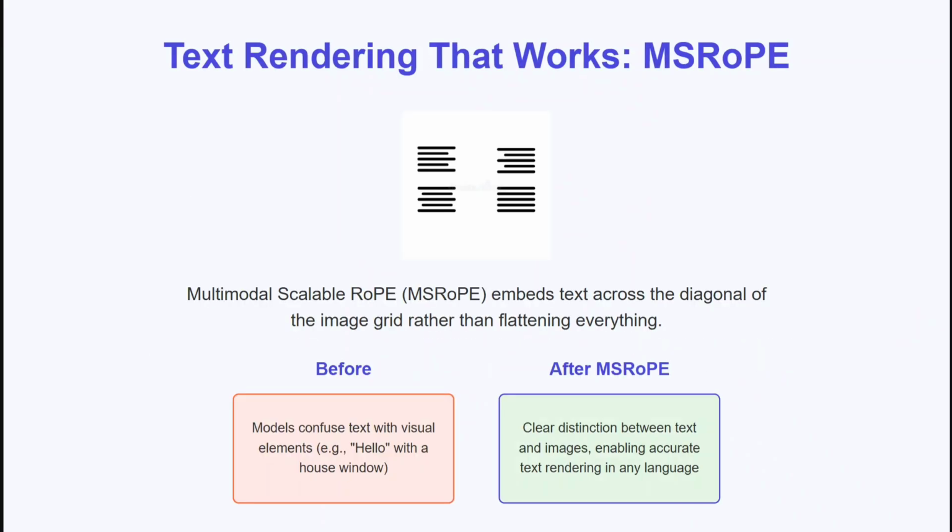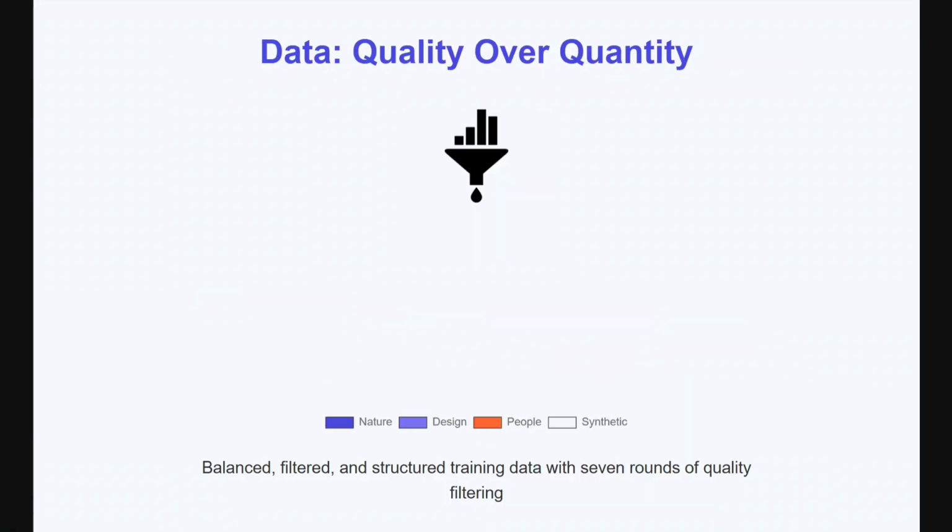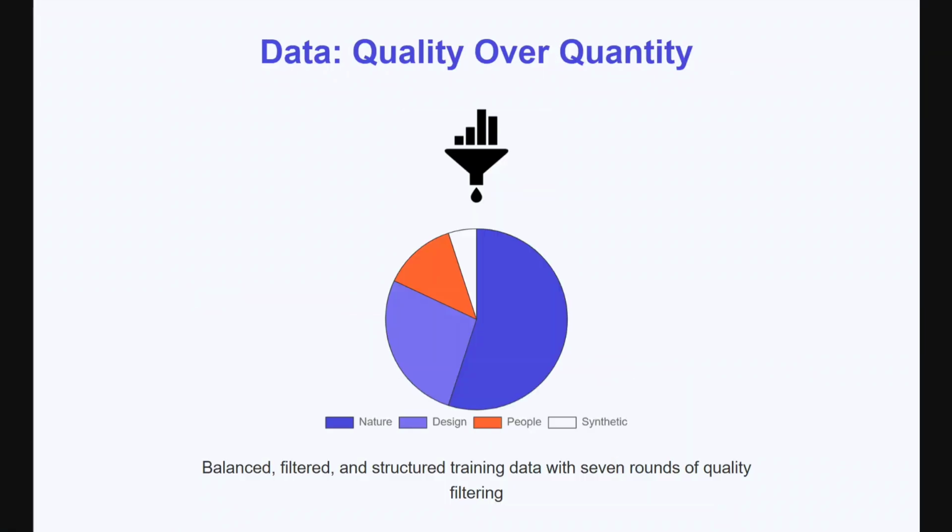Text rendering that works, they have introduced something called MSRoPE. I am not jumping into detail, but this is a key term they have used in the technical report that you should know. Previously, the model used to confuse the text with visual elements, like hello might get confused with house window, but now it's not the case. Data quality over quantity, so they have tried to include diverse types of data sets rather than just focusing on the quantity.